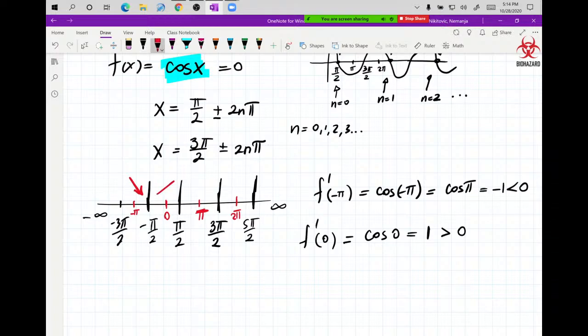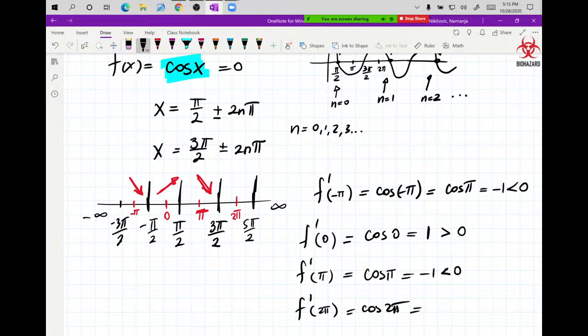We have increase. Then f prime at positive pi, the next test point, is cosine of pi, which is again -1, less than 0, which means decrease. And then just one more, even though we don't need it. F prime of 2 pi is cosine of 2 pi. Cosine of 2 pi is 1, larger than 0, increase.